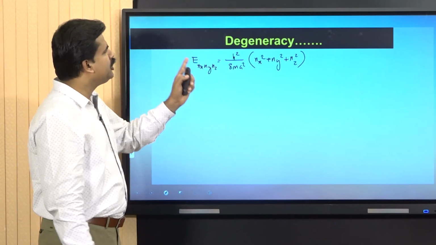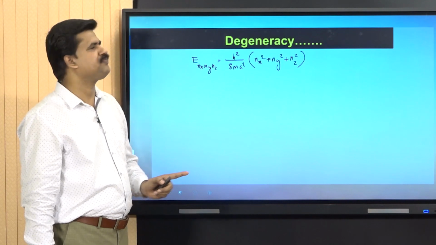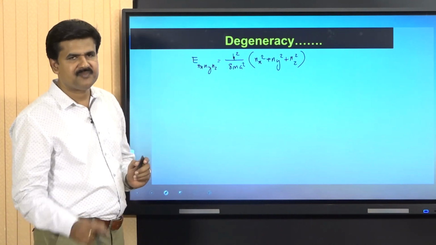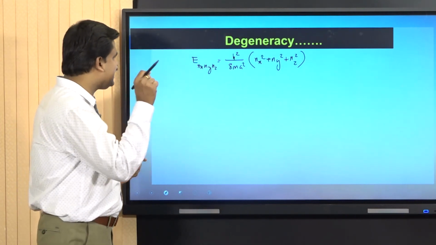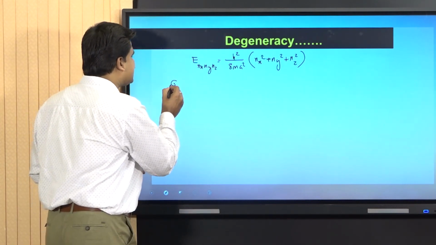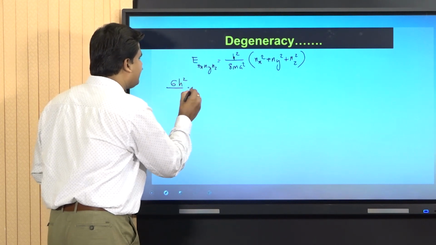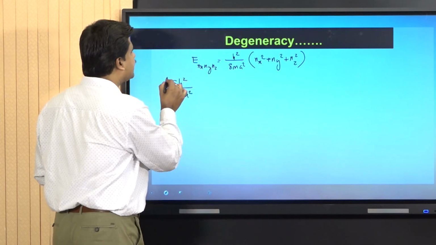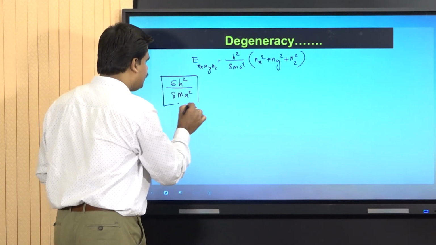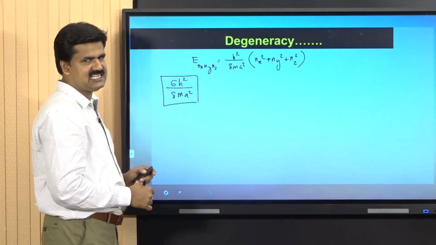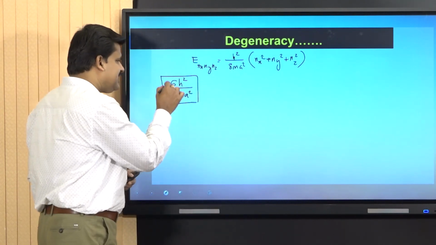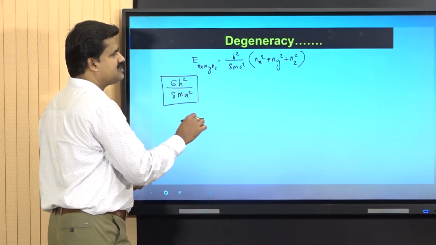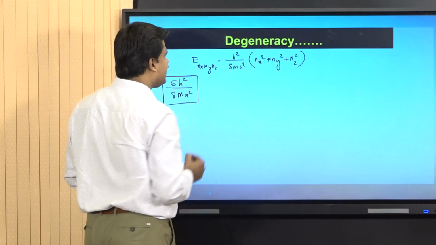Now, in order to illustrate the degeneracy concept in the particle in a cubical box problem, I am simply taking the energy level 6h square divided by 8m a square. We are considering this energy level, and it is related to the three quantum numbers nx, ny and nz.